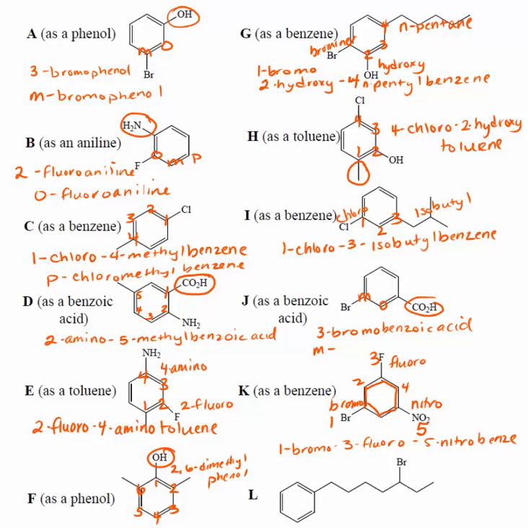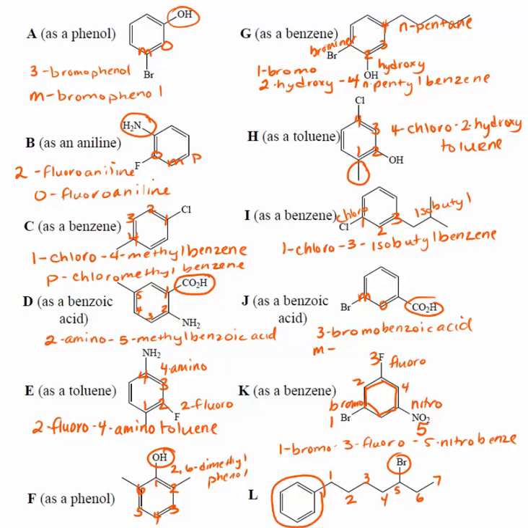So how are we going to name L? Well, we have this carbon chain here. And this carbon chain has two substituents. It has a phenyl group and a bromine. So we want to reduce the address of our substituents.